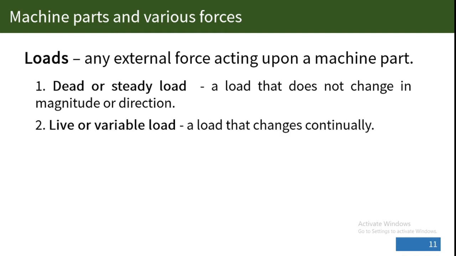Next is a live or variable load. It is said that a load is a variable load when it changes continually. So what are examples of live loads? Live loads vary over time and often result from occupancy of the structure.